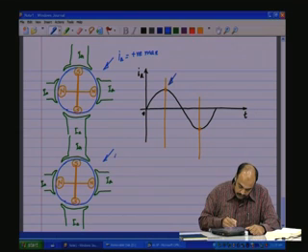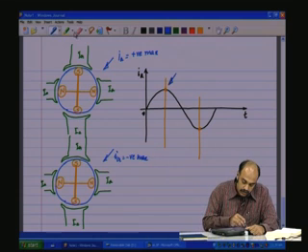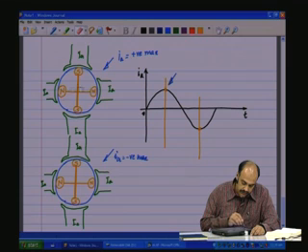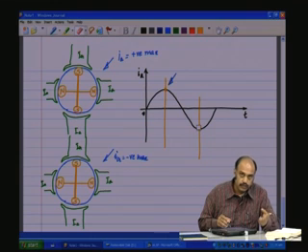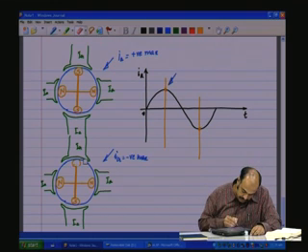Now you have IA is negative max. So between the positive max and the negative max, there should be a 180 degree shift, that is, the north and south poles should interchange. So here we have north, north, south, south. So that is at the positive max. At the negative max, north and south poles should interchange. So we shall interchange the north and the south poles.